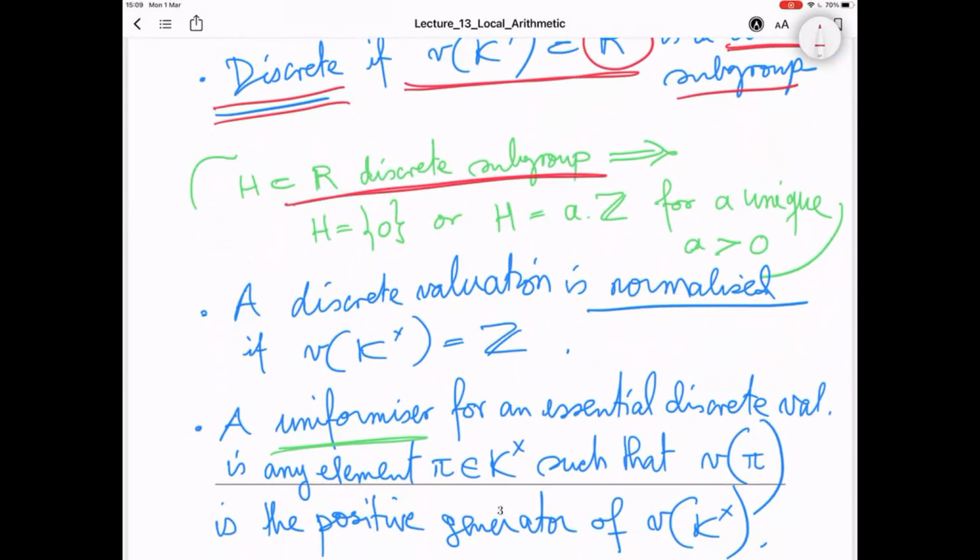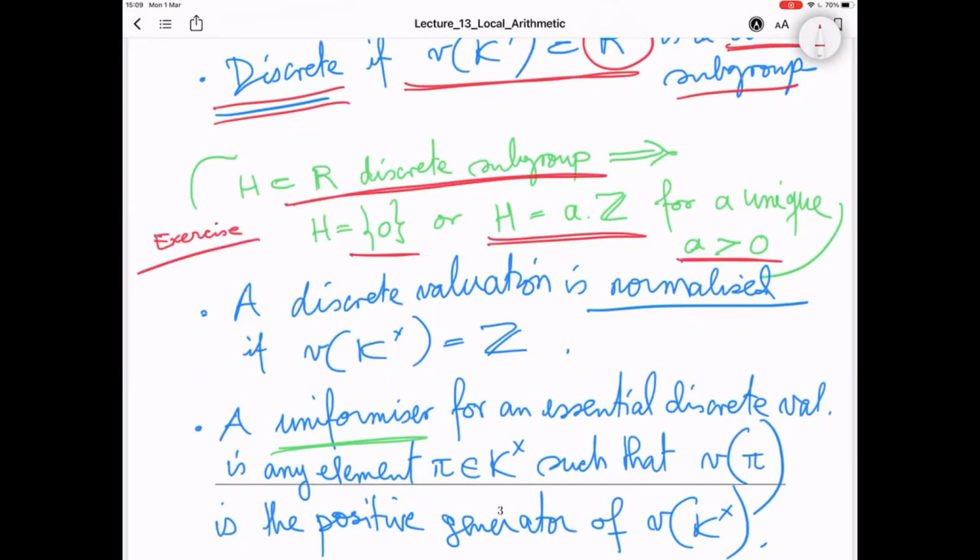A subgroup H of R is discrete if and only if either H is equal to 0, or it is the set of all multiples of some strictly positive element, which is uniquely determined by H. This is something that you should probably work out as an exercise if you have not already come across this.